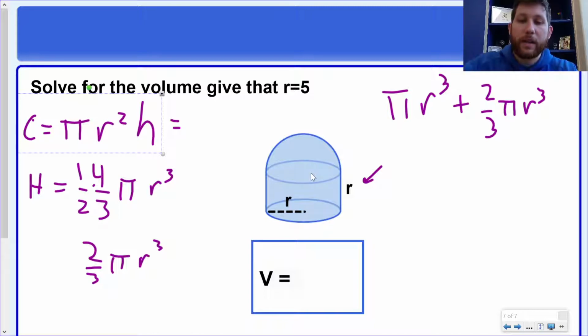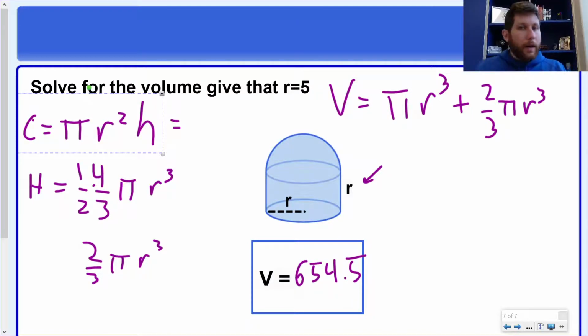So this would be my whole volume, and we're going to go ahead and solve that. So we've got pi r cubed as the cylinder volume: pi 5 cubed plus 2/3, because we're only doing half of the sphere, times pi times 5 cubed. And we end up with 654.5.